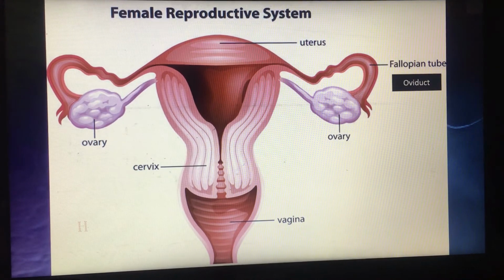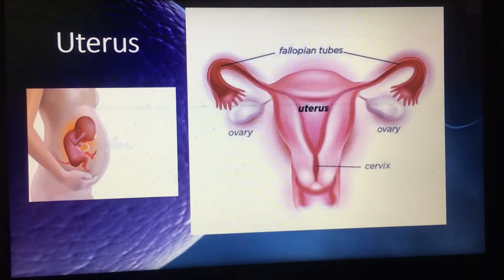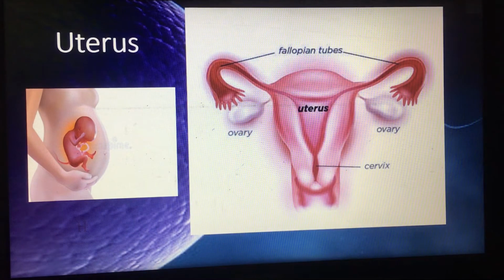Now we have to know what the function of the uterus is. The uterus is the organ where a baby grows during pregnancy. So, where does the baby grow during pregnancy?